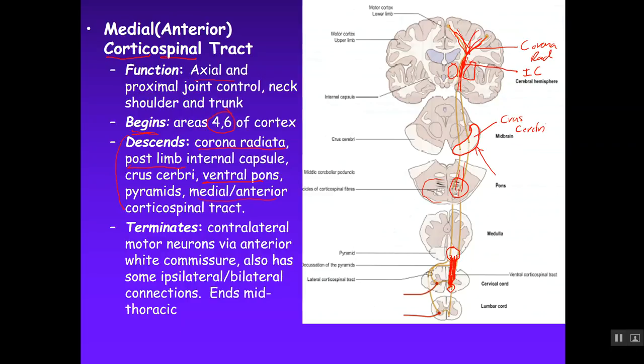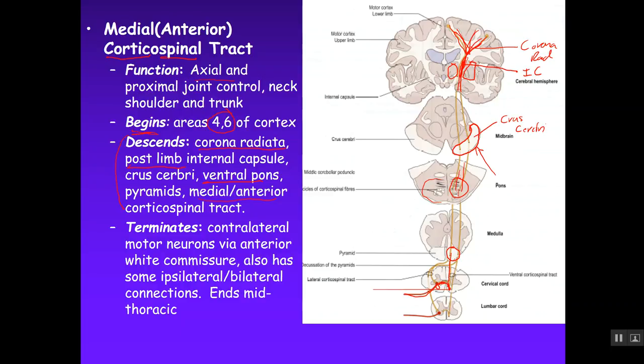It typically ends and dissipates as you get lower. It will come down, and before it communicates with its anterior horn cell, it will cross back over in the anterior white commissure and synapse with the contralateral axon or anterior horn cell to supply those trunk muscles.